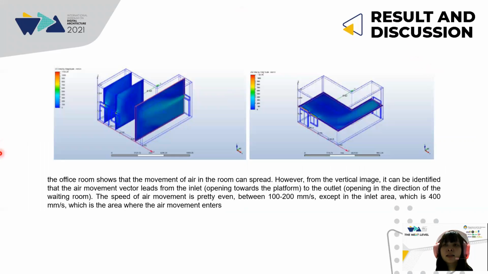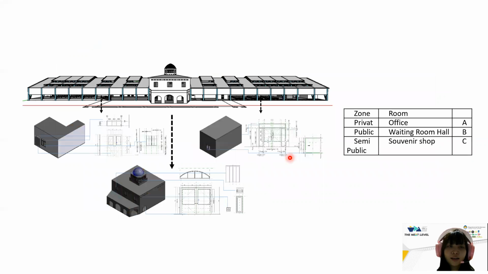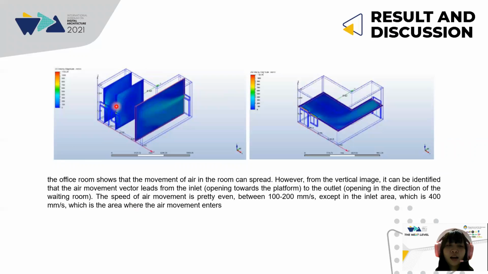Okay, this is the result. This is the office room. The movement of the air in the room can spread. However, from the vertical image, the air movement vector length can be identified from the inlet to the outlet.